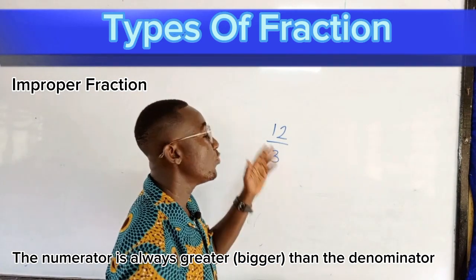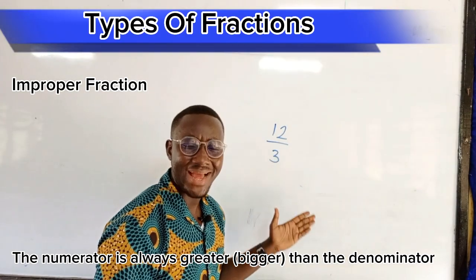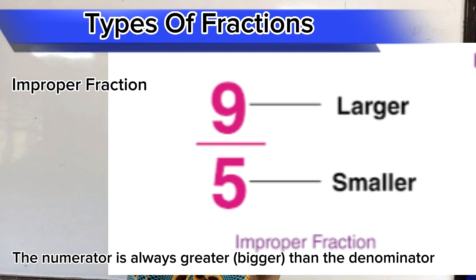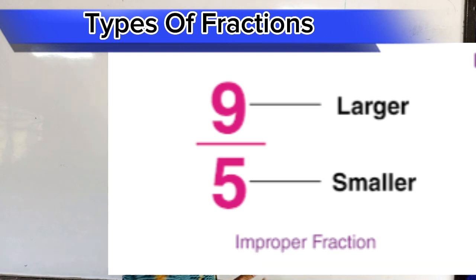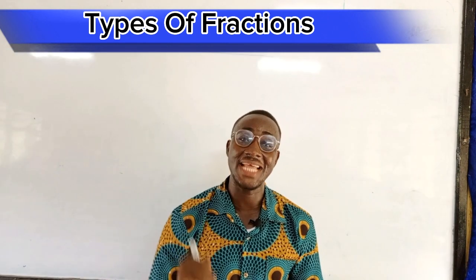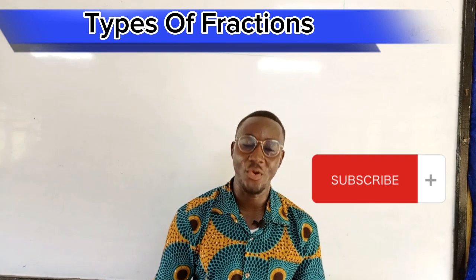Why? Because the numerator is bigger than the denominator. The numerator is far greater than the denominator. So any fraction where the numerator is greater than the denominator, it is an improper fraction. Any fraction where the numerator is less than the denominator, it is a proper fraction.